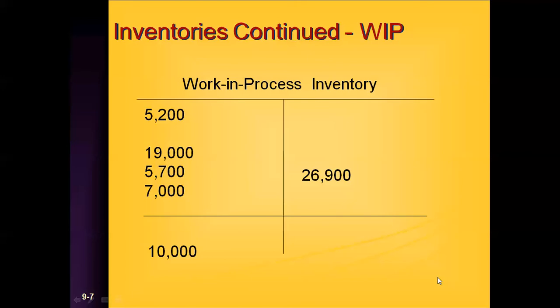That's indicated here by the 19,000, 5,700, and 7,000. And then, of course, when you actually complete the goods, they move from work in process inventory to finished goods inventory, so you would have a credit. That's what's shown with the 26,900 here. So the balance at the end of the period is approximately $10,000 in work in process inventory.